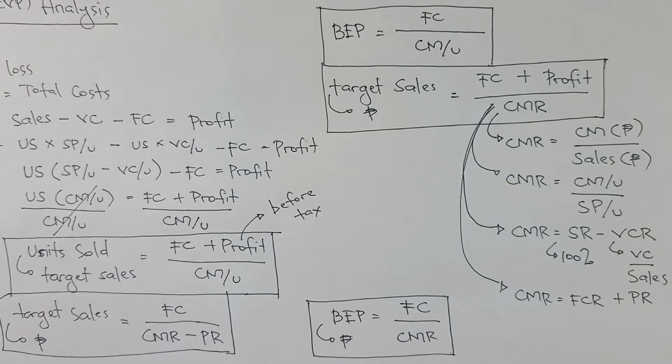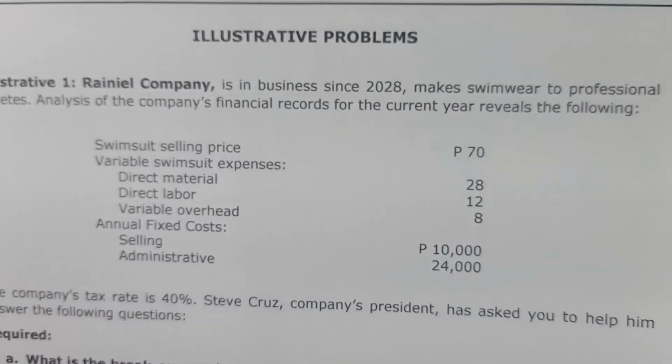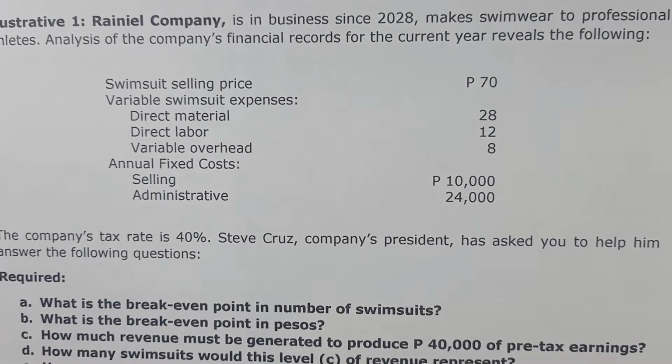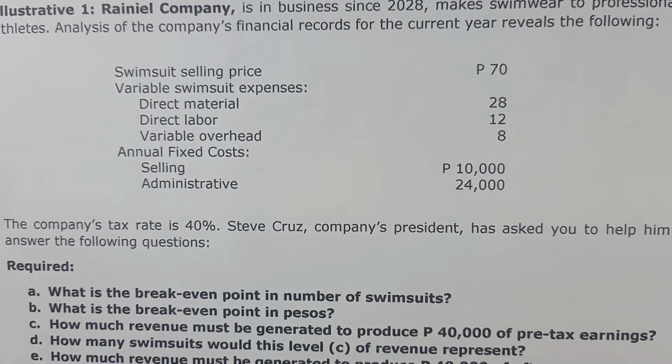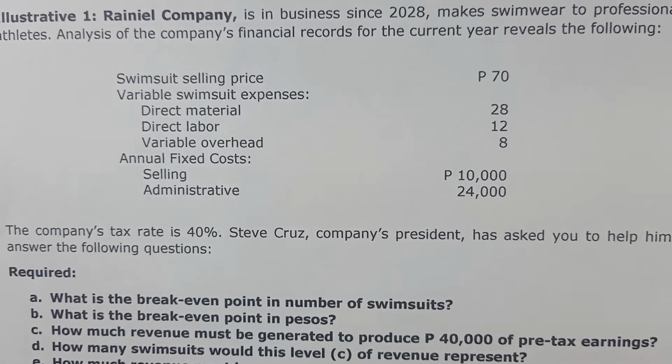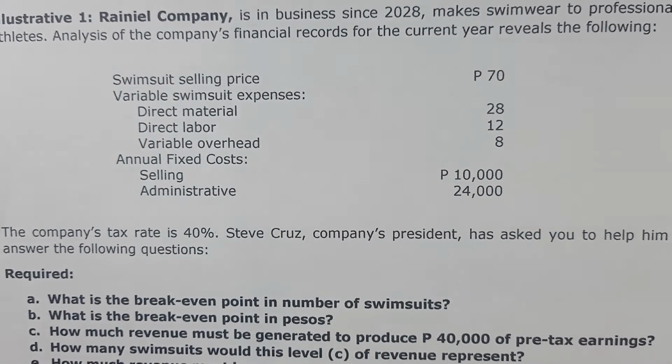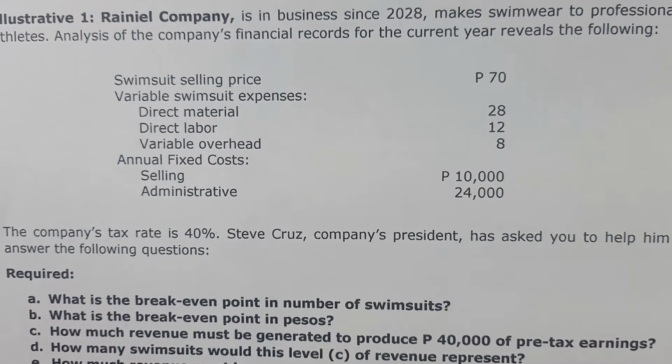Diba tayo dun? So to prove na tama yung mga yan and to put into problems all these concepts, let's now move on here in illustrative problem number 1. Ready? So illustrative problem number 1, Regional Company is in business since 2028. Make swimwear to professional athletes.